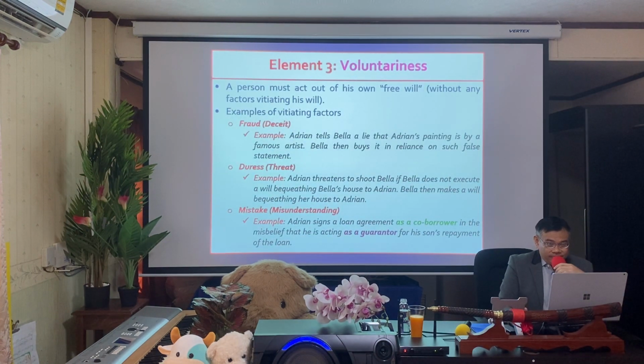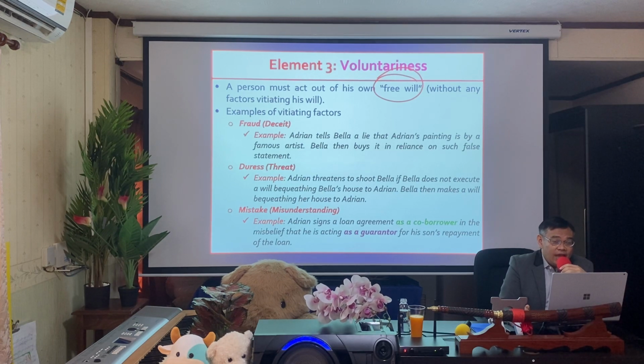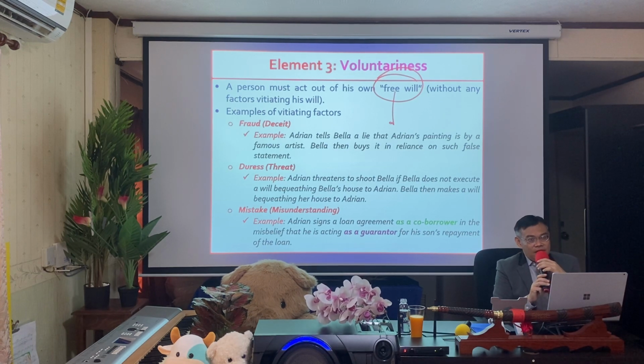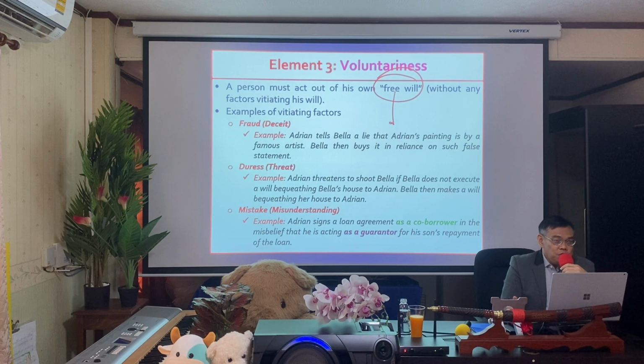Of course, the law puts emphasis on free will. In order for a juristic act to be made, it must be made by free will. You should be free from any factors which vitiate your will, any factor which makes your will bad.